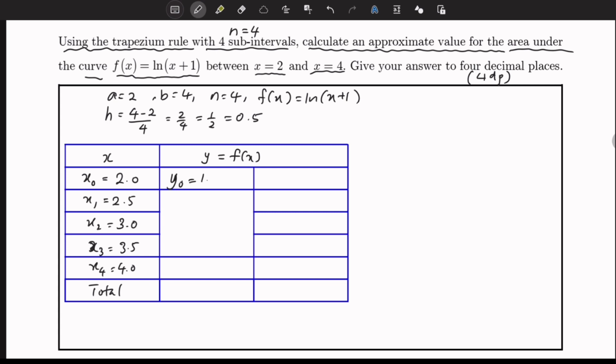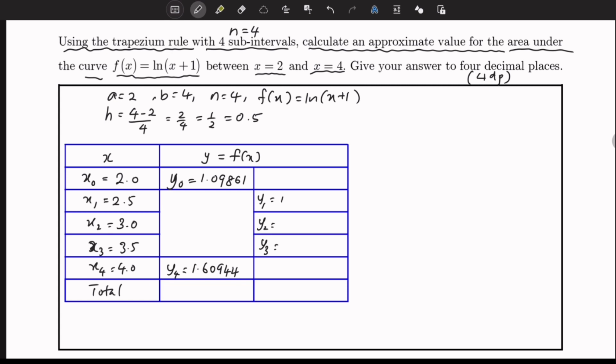1.09861. So this is y1, this is y2, this is y3, y4. So y4 is 1.60944, 4 decimal places, 5 decimal places.